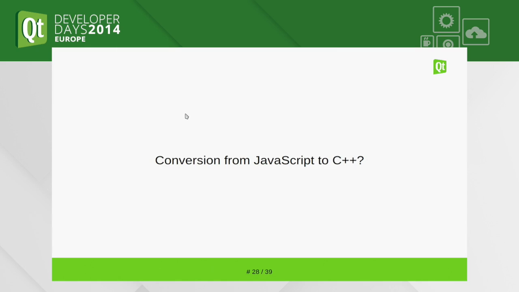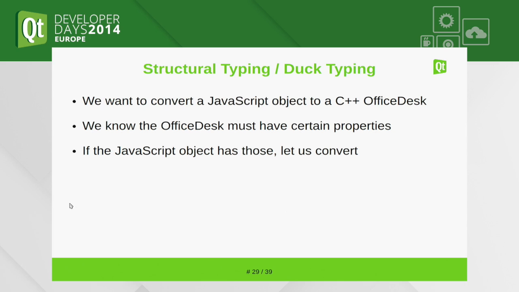So how do we go back? Suppose we have a JavaScript object that has properties, and we want to pass it back into the C++ side where we know that's going to be an Office desk. The suggested solution is called structural typing or duck typing. Like if it looks like a duck, it walks like a duck, so it must be a duck.